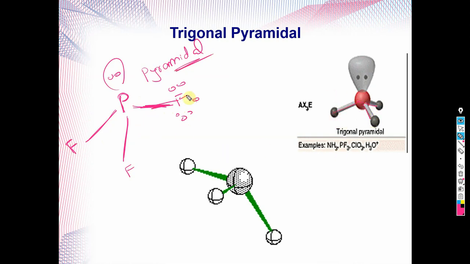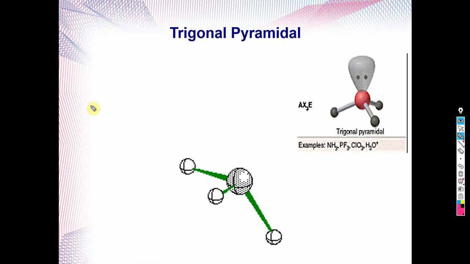Now if instead of PF3 you are given a structure that is, let's say, POF, and it is said that phosphorus is the central atom, you will write phosphorus, and then you have oxygen on one side and fluorine on the other side.